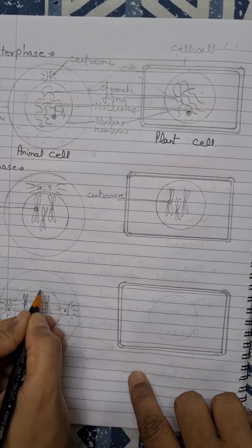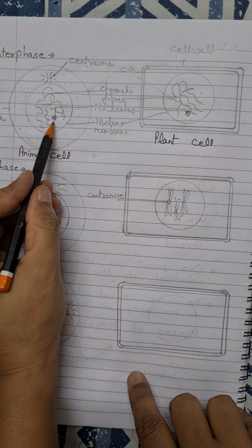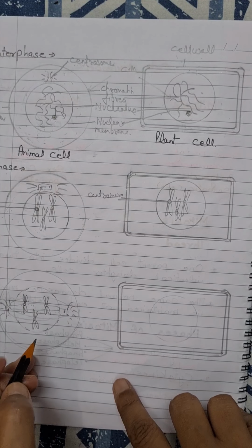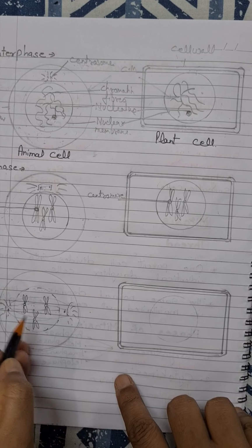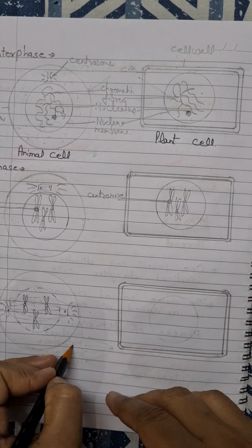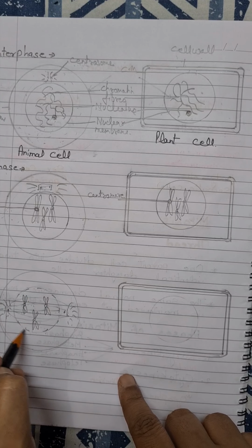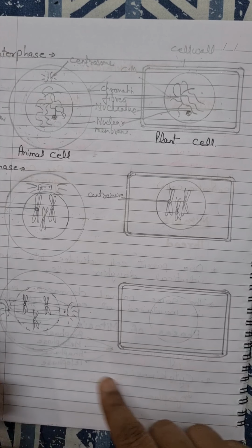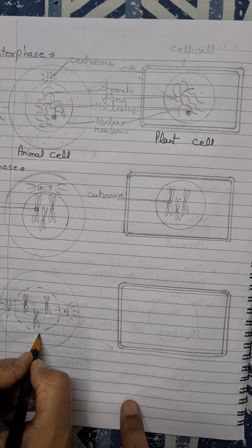The nuclear membrane and the nucleus present inside it both disappear at the end of prophase. Now the chromosomes have to move out of the nucleus for division. So that's why the nuclear membrane disappears, and along with it the nucleus also disappears.